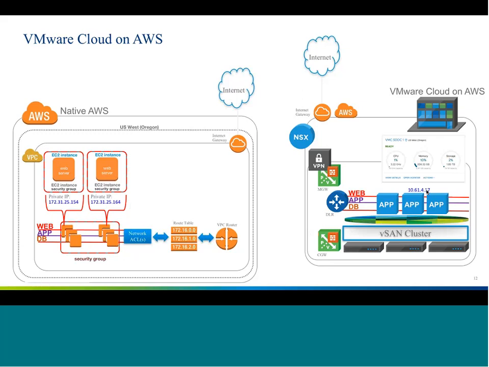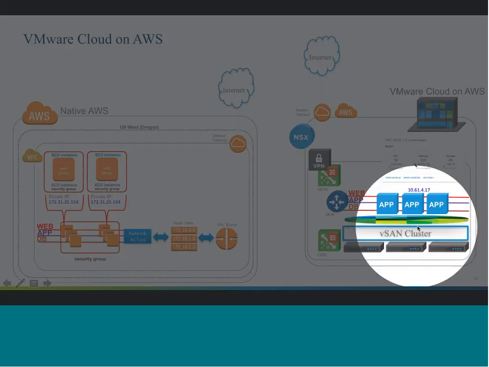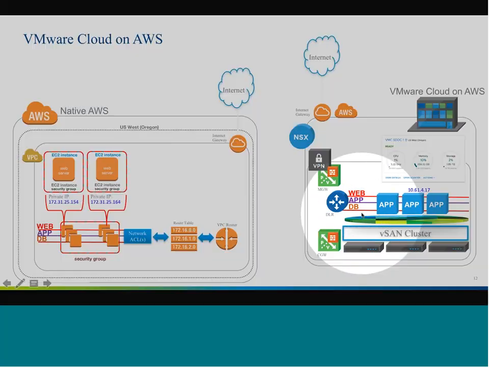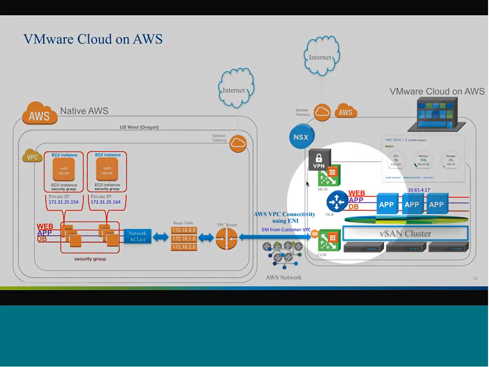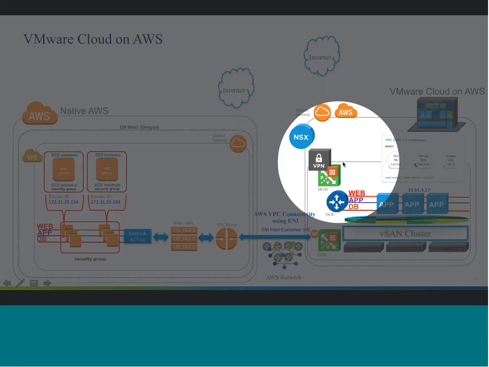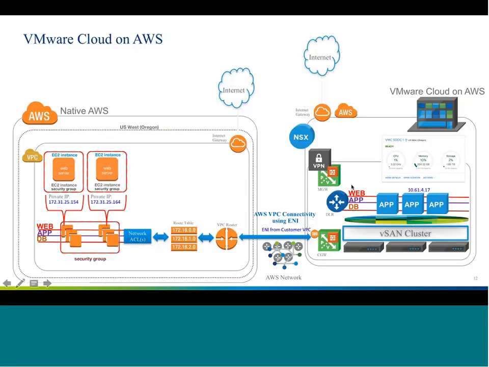And what happens here is a number of ENIs get created in this native account, and they get attached to hosts in the VMware Cloud on AWS SDDC. And that ENI connectivity is what's used to access the native AWS services, as well as for instances here to access workloads sitting in VMware Cloud on AWS.